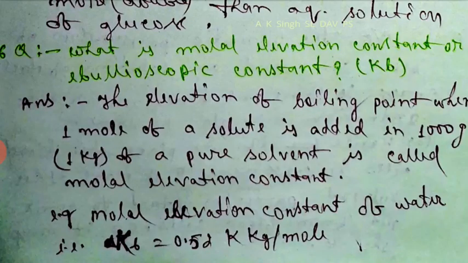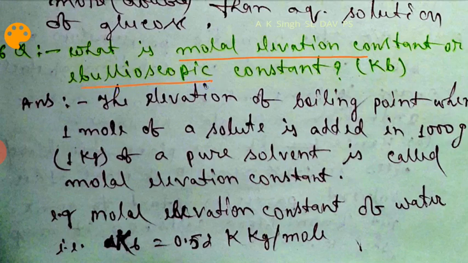Now the next important question: what is the molar elevation constant, or ebullioscopic constant? The molar elevation constant is also known as the ebullioscopic constant. It is indicated by Kb.